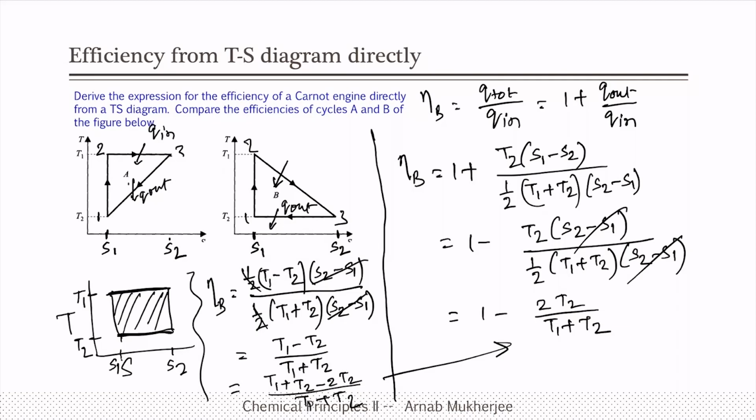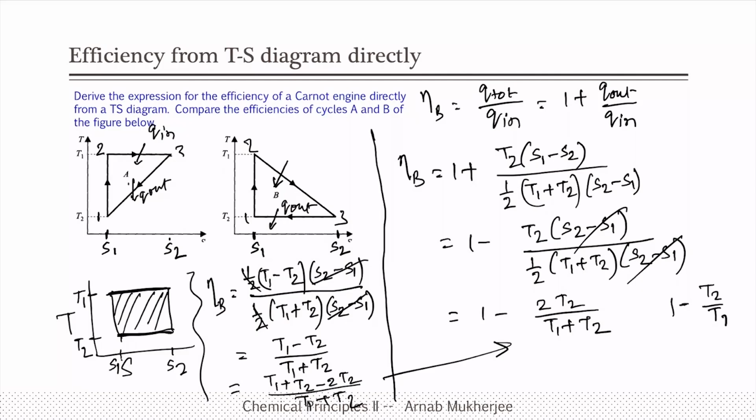We have seen that the efficiency is less than the Carnot engine. Why? Because the input is the same, output is half, but here the heat out is the same, while heat in is it more or is it less? So, what is the Carnot efficiency? 1 minus T2 by T1.